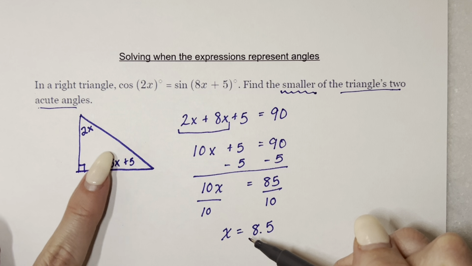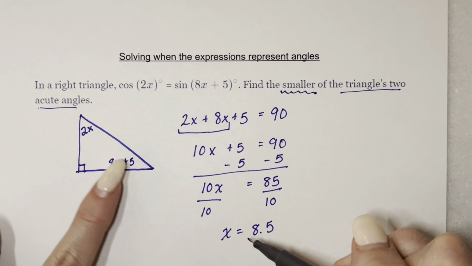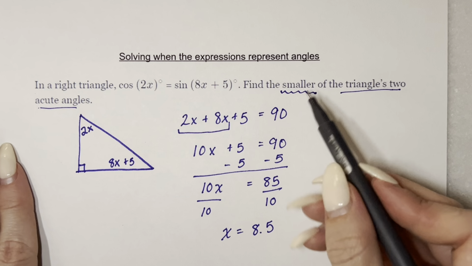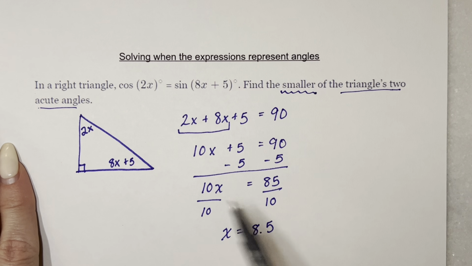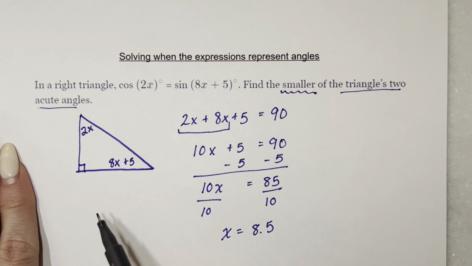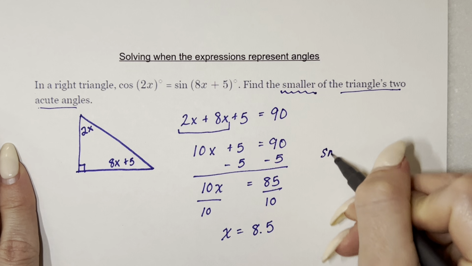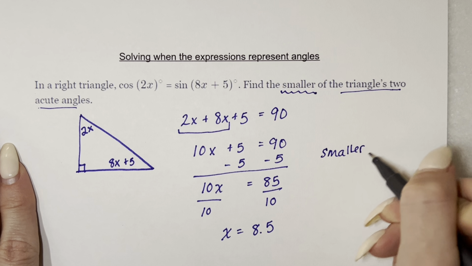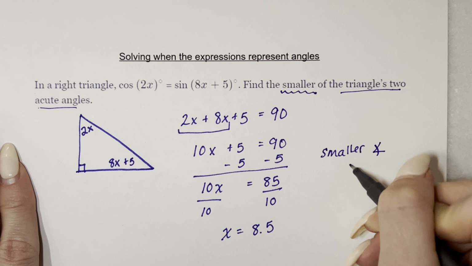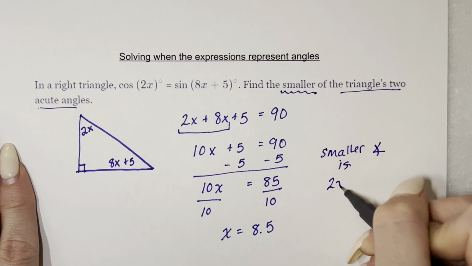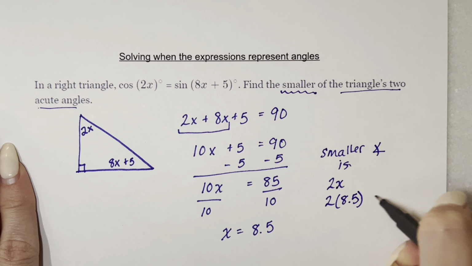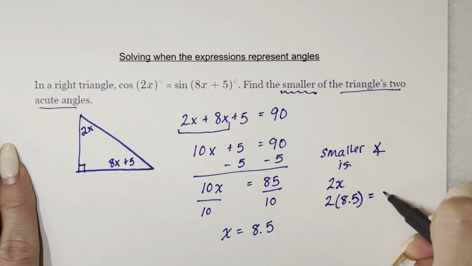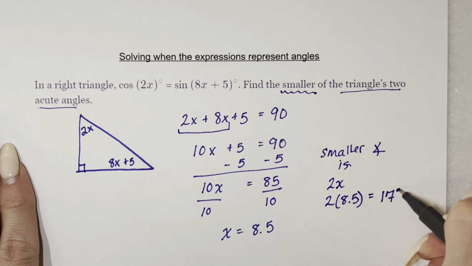But you could plug it into both of them and the answer is going to be the smaller one. 2 times 8.5 is definitely smaller than 8 times 8.5 plus 5. So the smaller angle is 2x, so it's 2 times 8.5, which is 17 degrees.